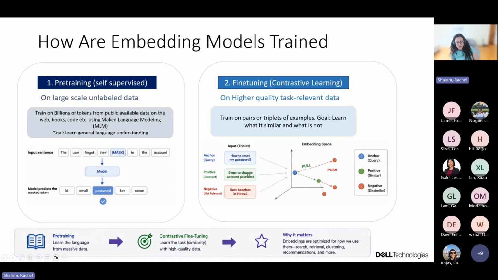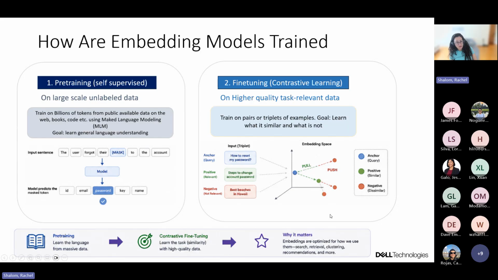The idea when you train is to make the query and the positive answer closer in the embedding space, and the query and the negative answer further apart in the embedding space. So to create this similarity, this semantic understanding of what is closer to each other.